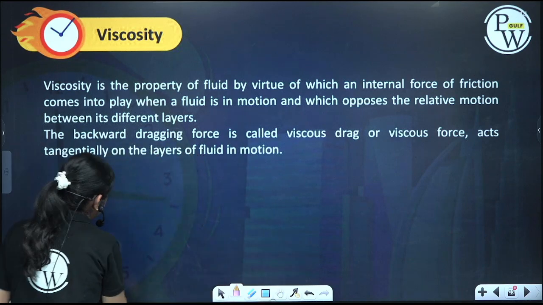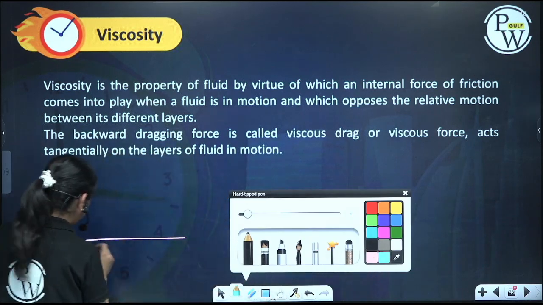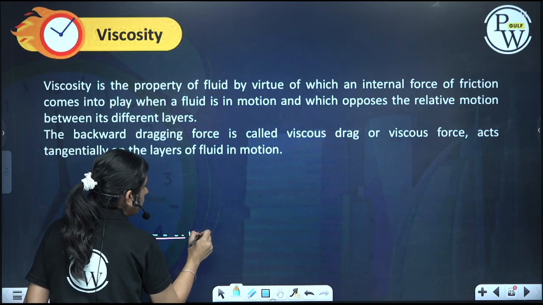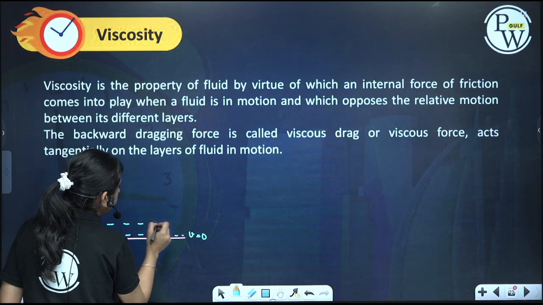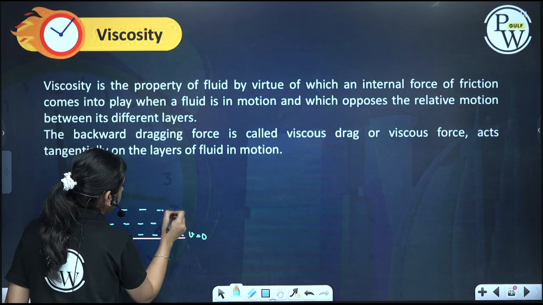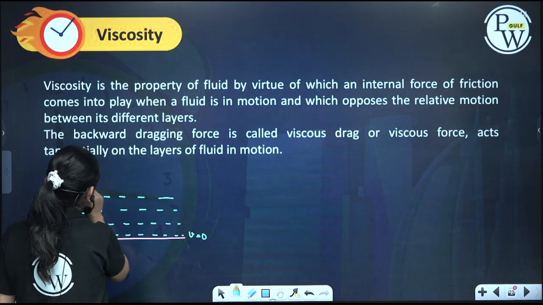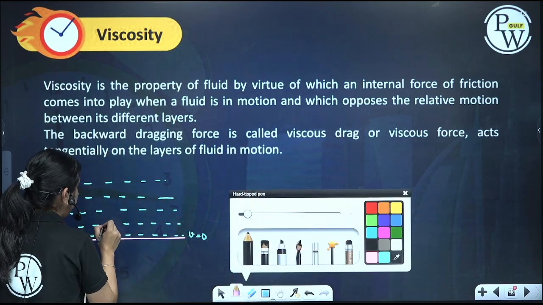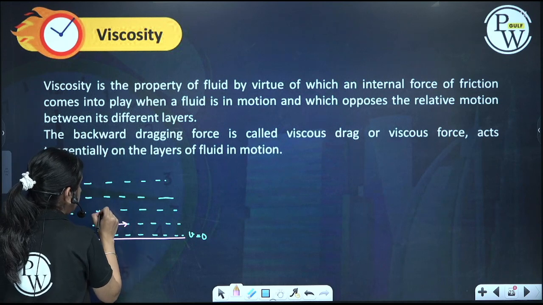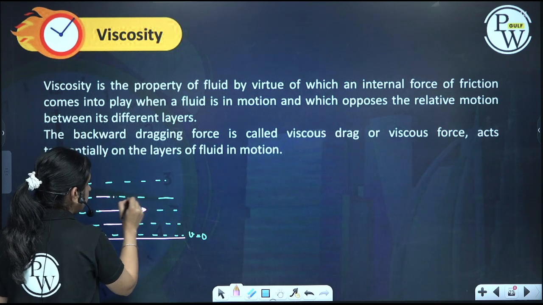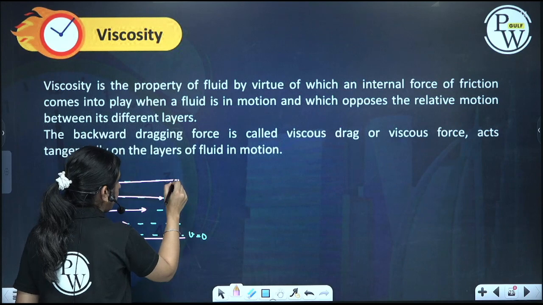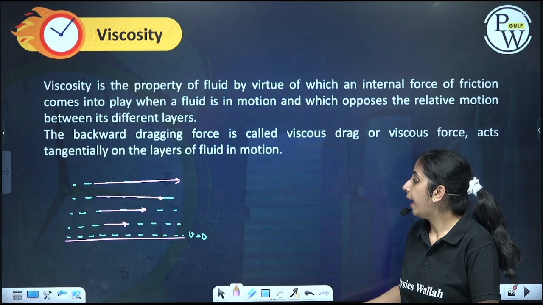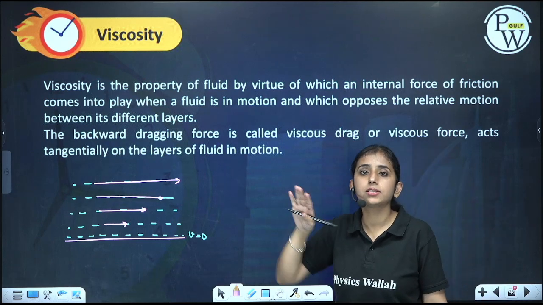Then there will be a layer above it, and a layer above that, and so on. The layer above the surface will have some velocity v, the next will have a larger velocity, and the one above that an even larger velocity. So velocity increases as we move upwards from the surface.